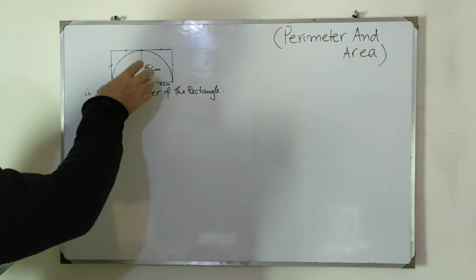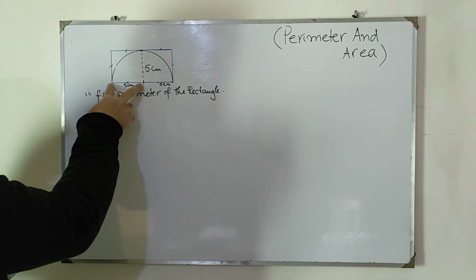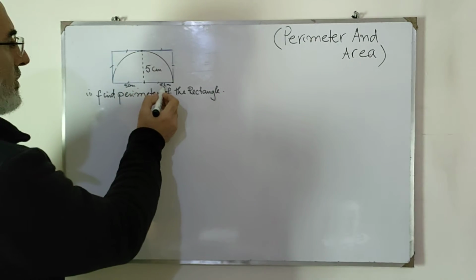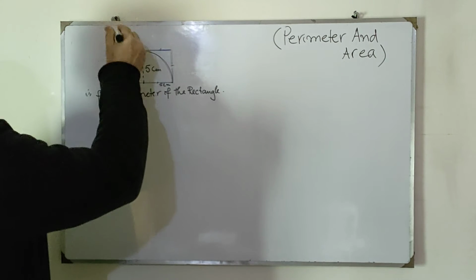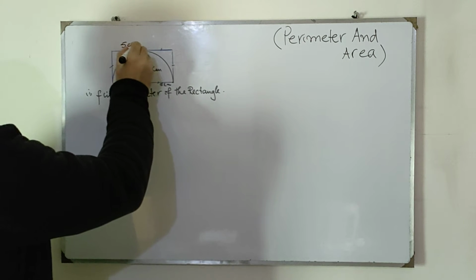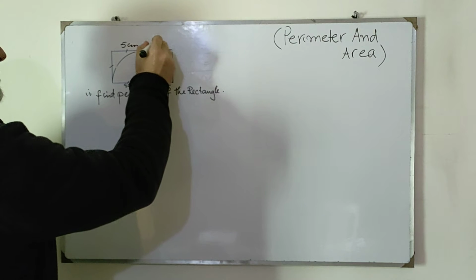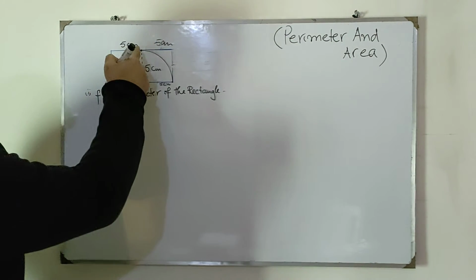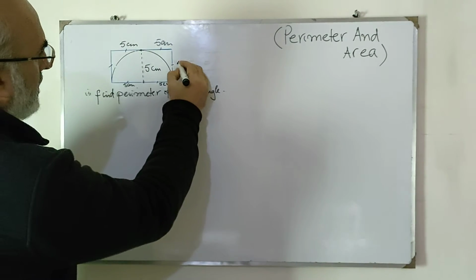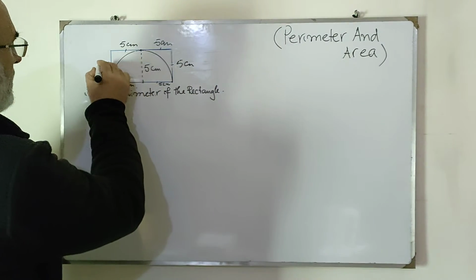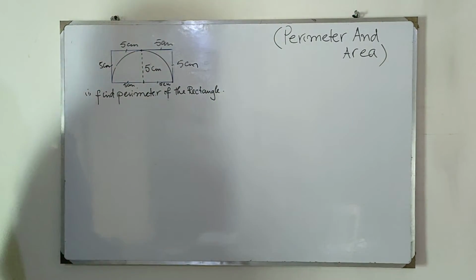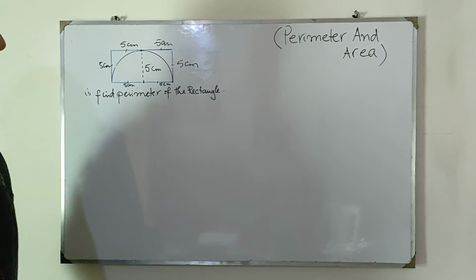So this is 5 centimeters, this is 5 centimeters. If this is 5, this is also 5. So we have all the dimensions now, right?